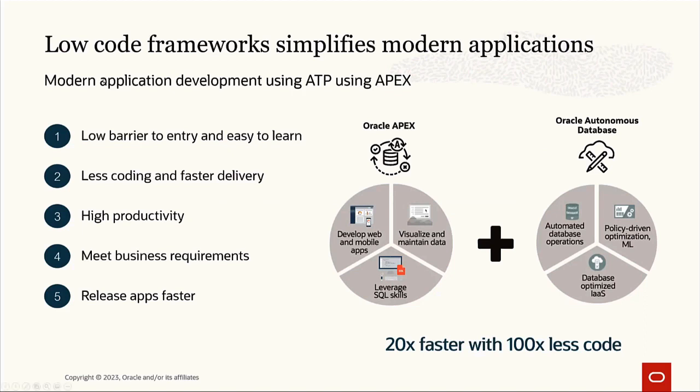Apex gives you the ability to stand up and deploy apps quickly with tight database integration, to provide visualization and automated tasks for analytics and other capabilities, all built into one tight-knit ecosystem. And the claim of 20 times faster with 100 times less code is actually not too far-fetched. If you get a chance to poke at Apex, it is a pretty interesting tool.